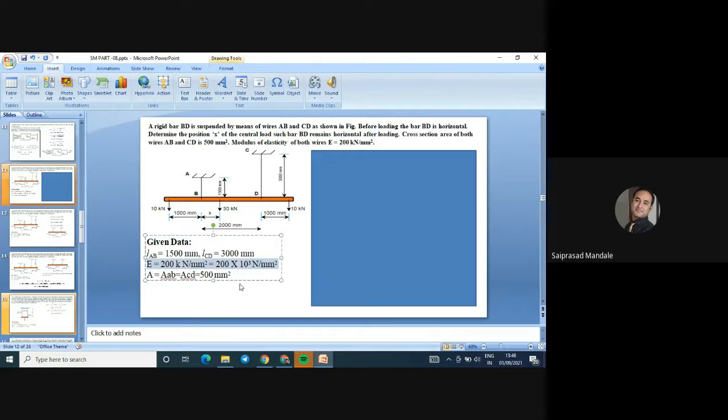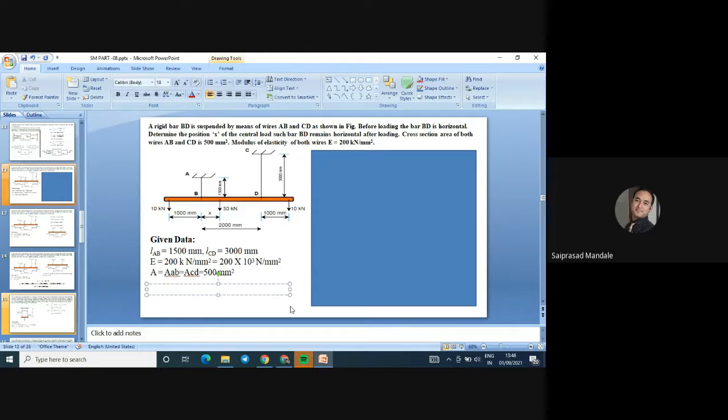What is to be identified? Everybody make sure what is to be identified. That is very important for numerical solving. Here we have the cross-section area of both wires, the modulus of elasticity, and the condition before loading.